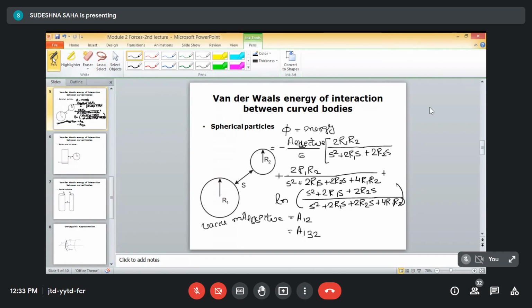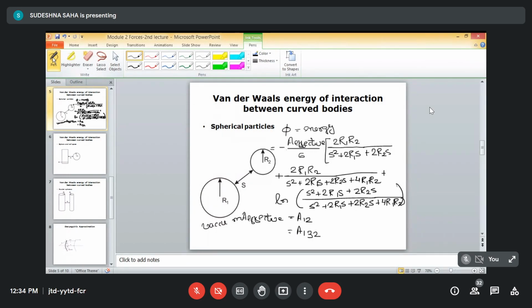Okay, so if you just see this equation, phi is directly related to the Hamaker constant that we understand, and apart from this Hamaker constant, there are two very important parameters, which are nothing but S by R1 and S by R2.